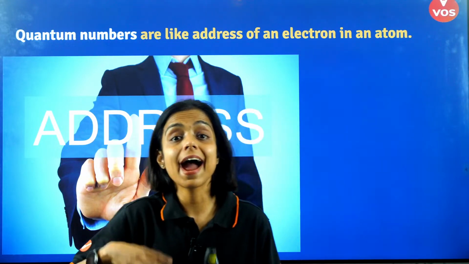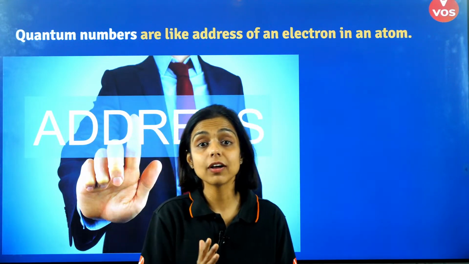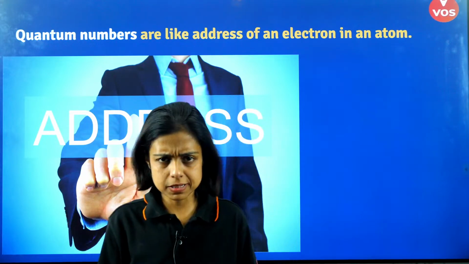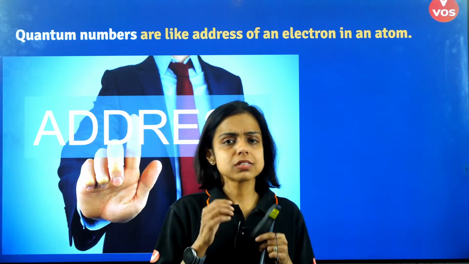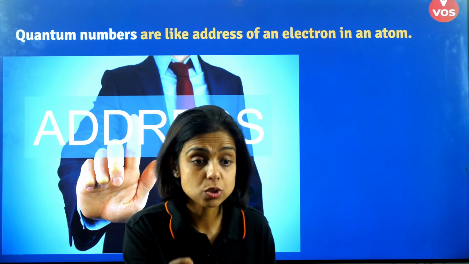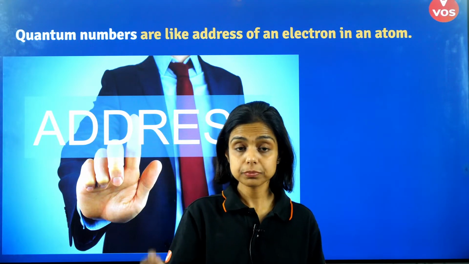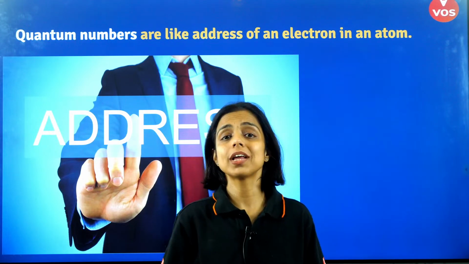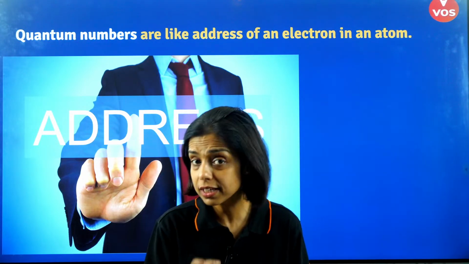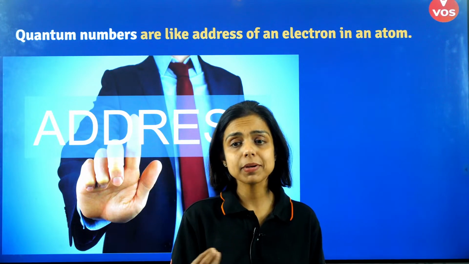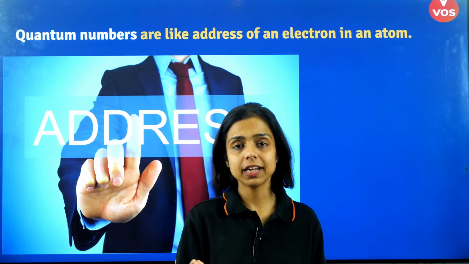And the 4th thing is the identification, how you can identify a person living in a house, because in a house, there can be more than 1 person living, guys. Just the same way, if I have to locate an electron in an atom, then I need 4 numbers which are known as quantum numbers. If I know these numbers, I know everything about an electron. So quantum numbers are like the address of an electron in an atom.